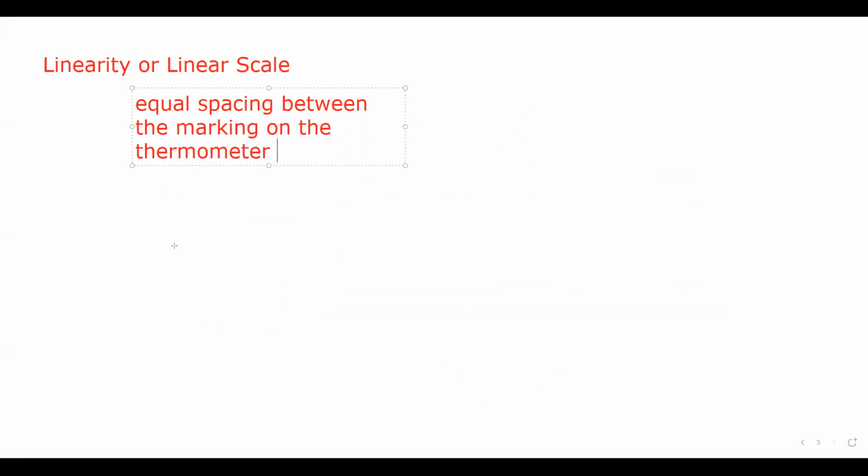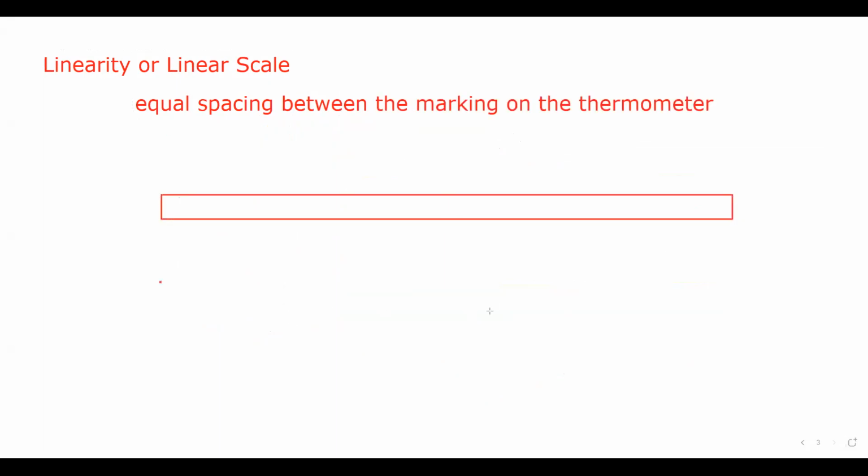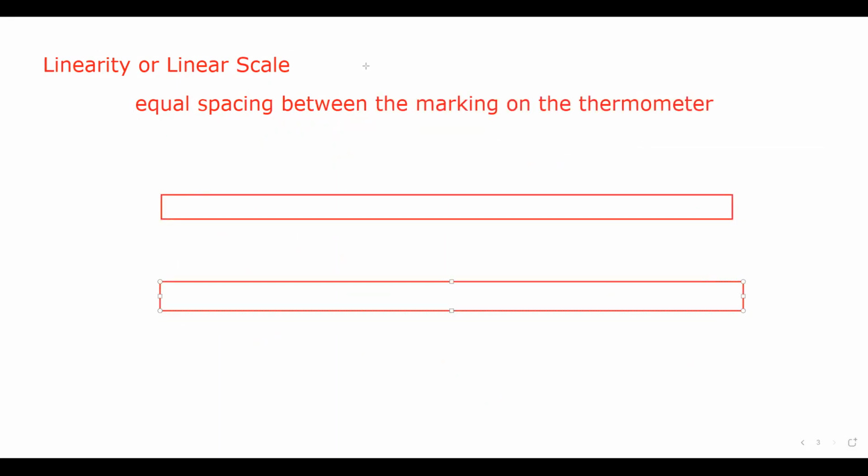For example, you have two thermometers, and the markings on one are written 10, 11, 12, 13, 14. And on the other it's written 10, 11, 12, 13.